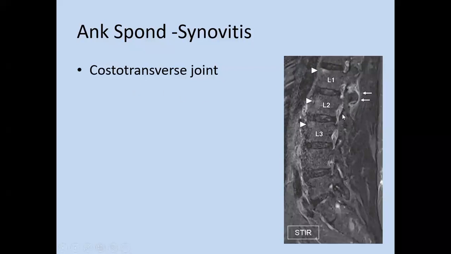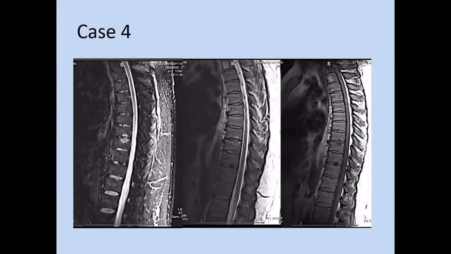In this patient, this must be the facet joint actually, because it's L1, L2 level. So this is facet joint synovitis, and also we see the Romanus lesion of the vertebrae. So always when you're looking at the spine in patients with ankylosing spondylitis, it's not always just the enthesitis, but also look for synovitis in the facet joints or the costotransverse or costovertebral joints.